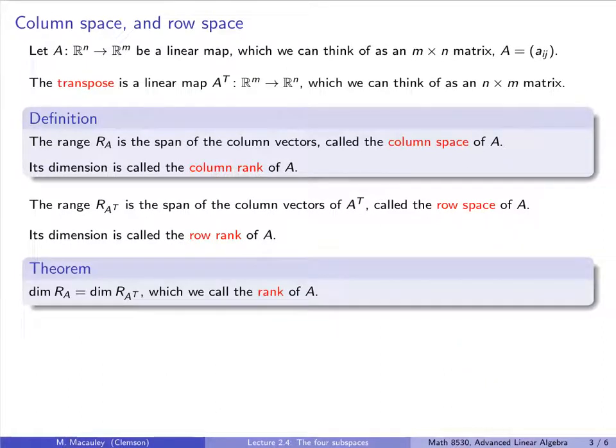It's a fundamental theorem, which we will prove in more generality in a few lectures, that the dimension of the range of A and the range of A transpose are the same.